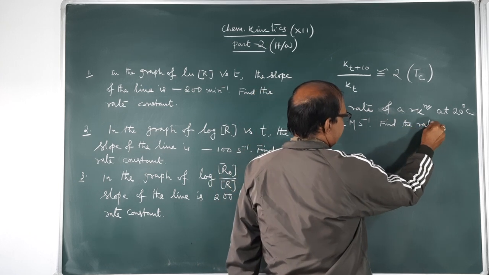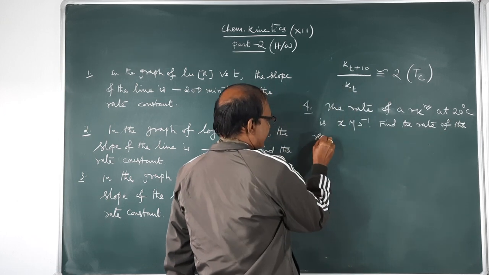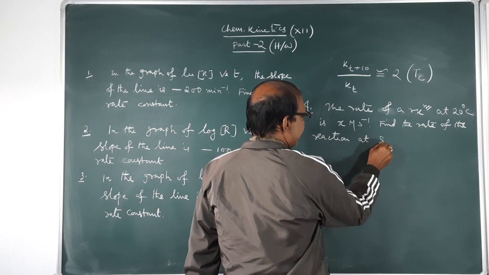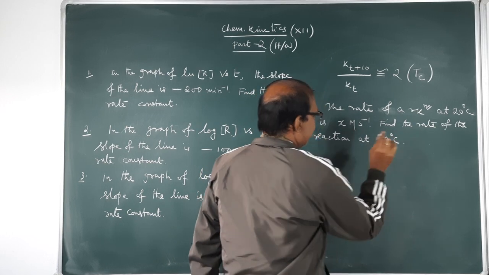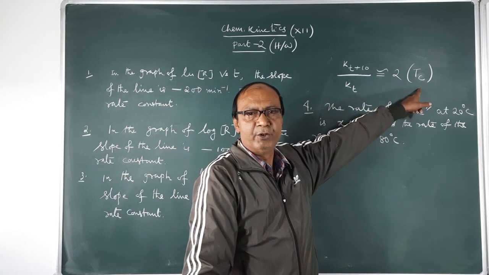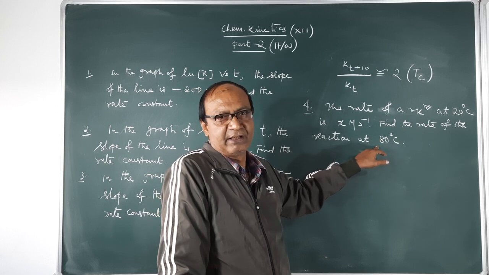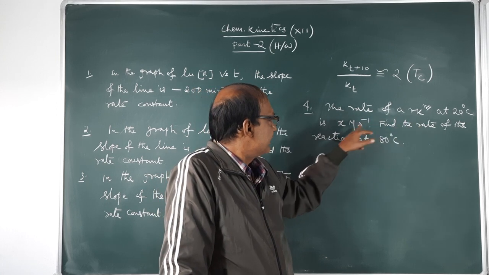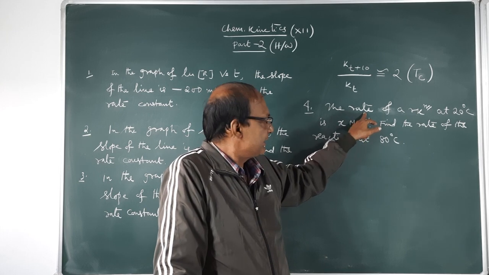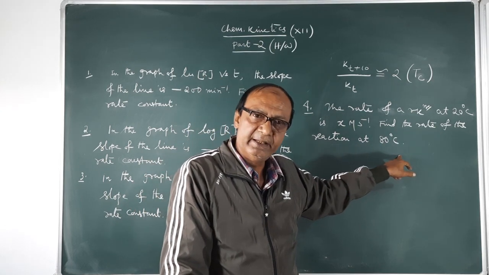Find the rate of the reaction at 80 degree centigrade. So here is a question related to temperature coefficient. This question is very simple, as you see. For 20 degree centigrade temperature, X molarity per second is the rate of the reaction. You have to find the rate of the reaction when the temperature is 80 degree centigrade.